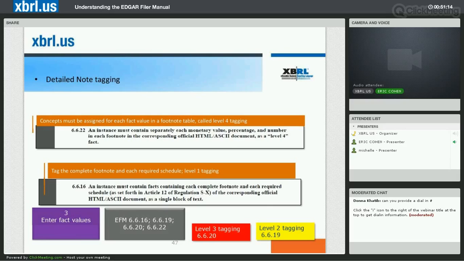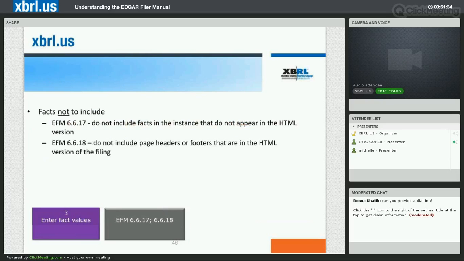And if it's a required schedule, that's a level 2, but that's sort of being nitpicky. But these items 6.16, 19, 20, 22, this is talking about the levels 1 through 4, and after June 15th, 2012, the rule 33.9002 says everybody's doing the detail, all the levels of tagging.